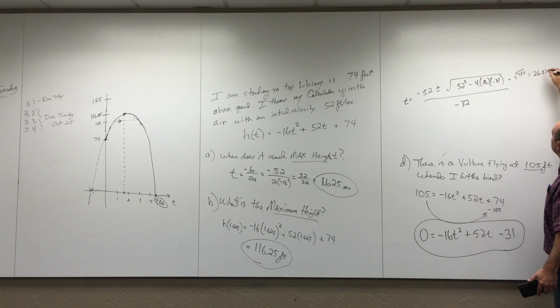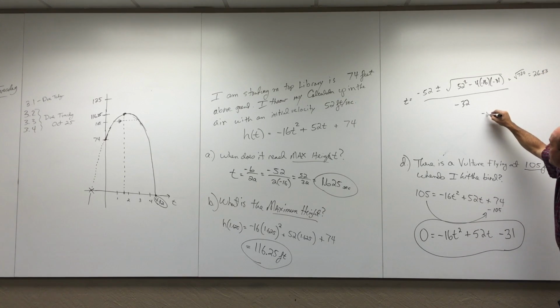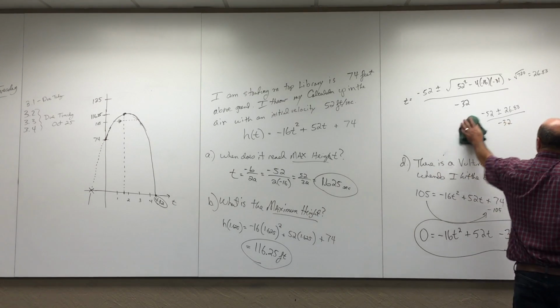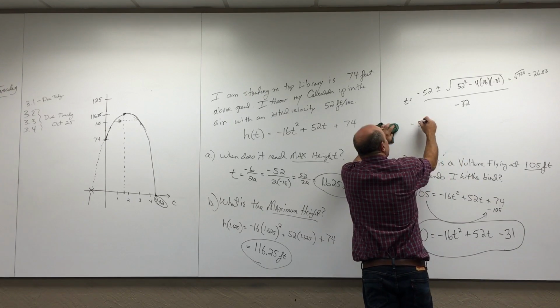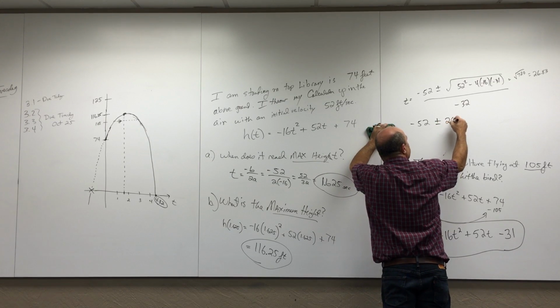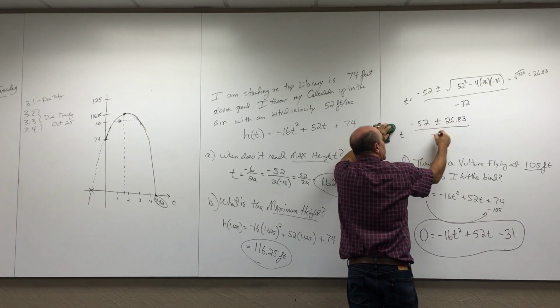So this problem just turned into negative 52 plus or minus 26.83 all over negative 32. Right? I should have left myself just a little more room. I'm moving over here. Negative 52 plus or minus 26.83 all over negative 32.